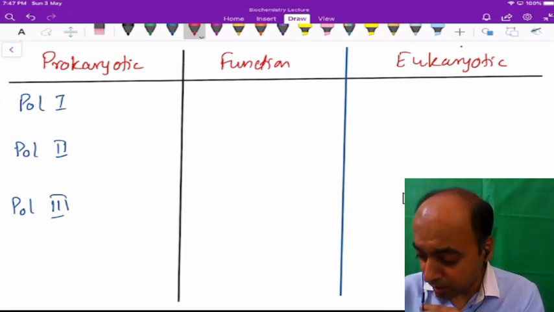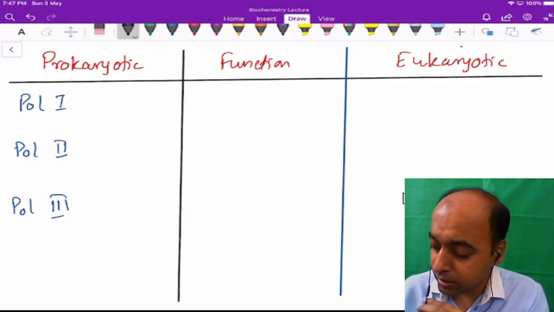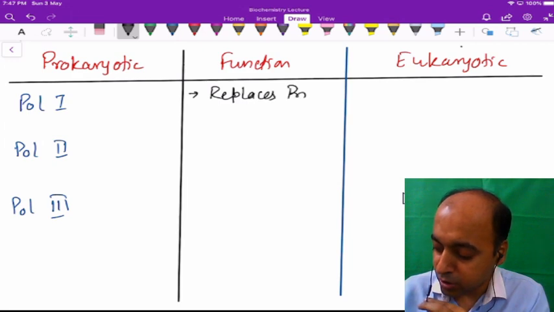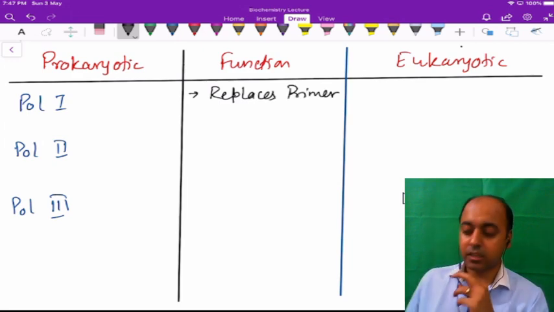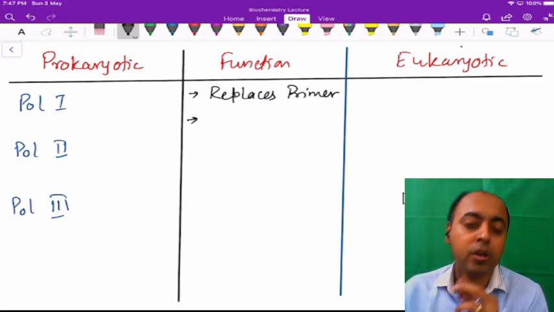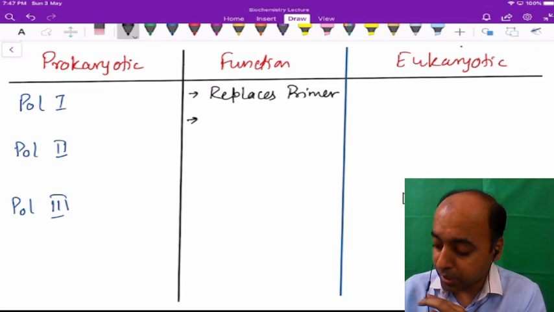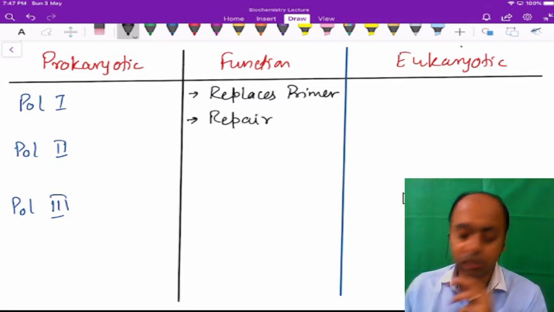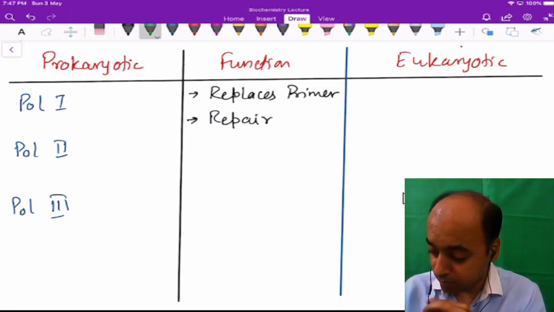Polymerase 1 we had seen is responsible for replacing the primer. At the same time, it also has a role in repair.